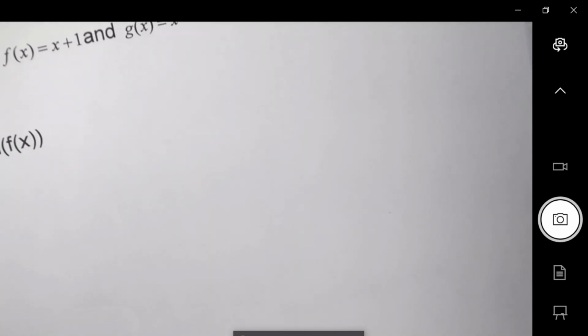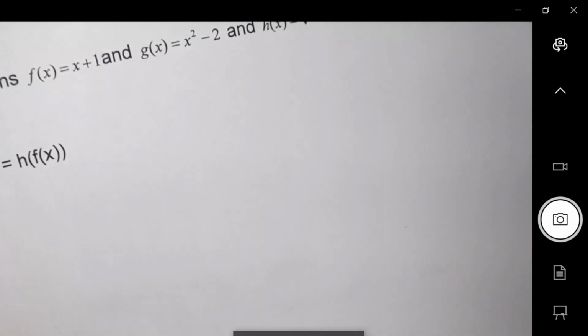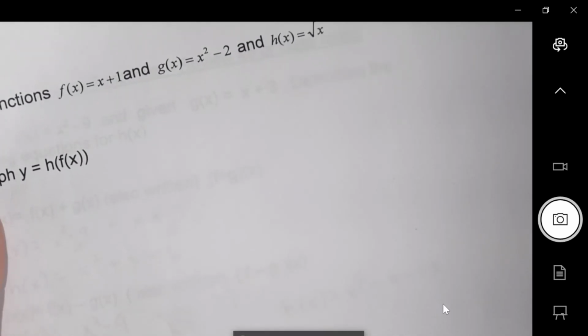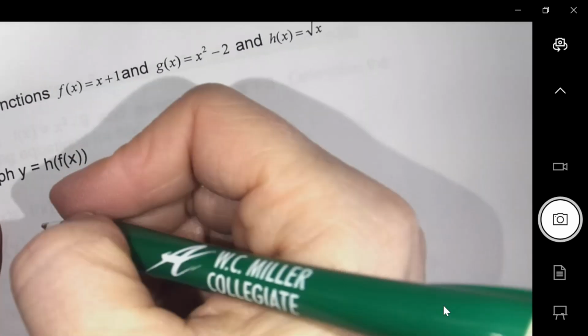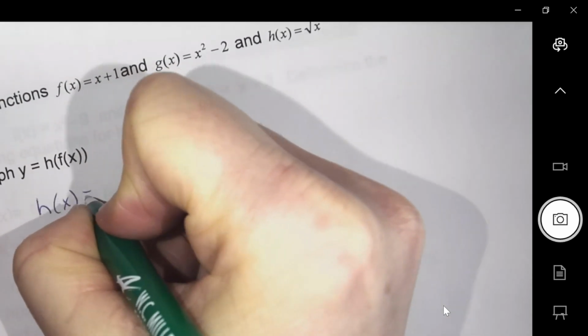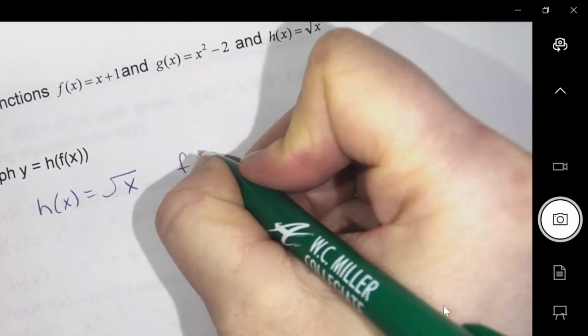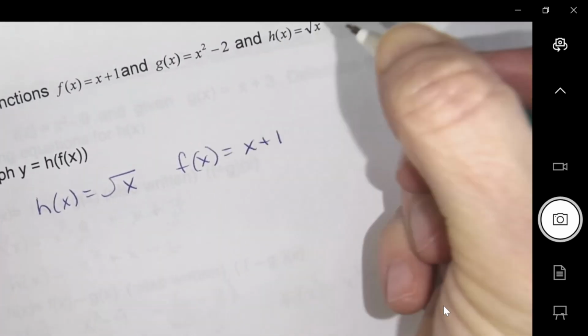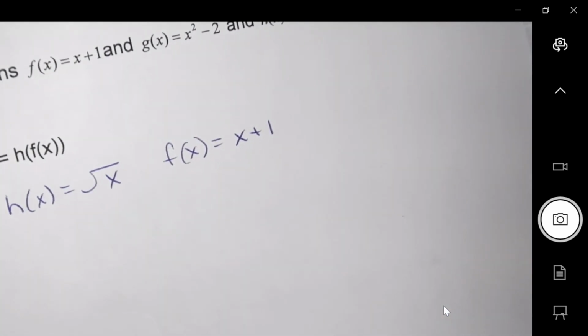Graph h of f of x. So we're inputting what into the what?